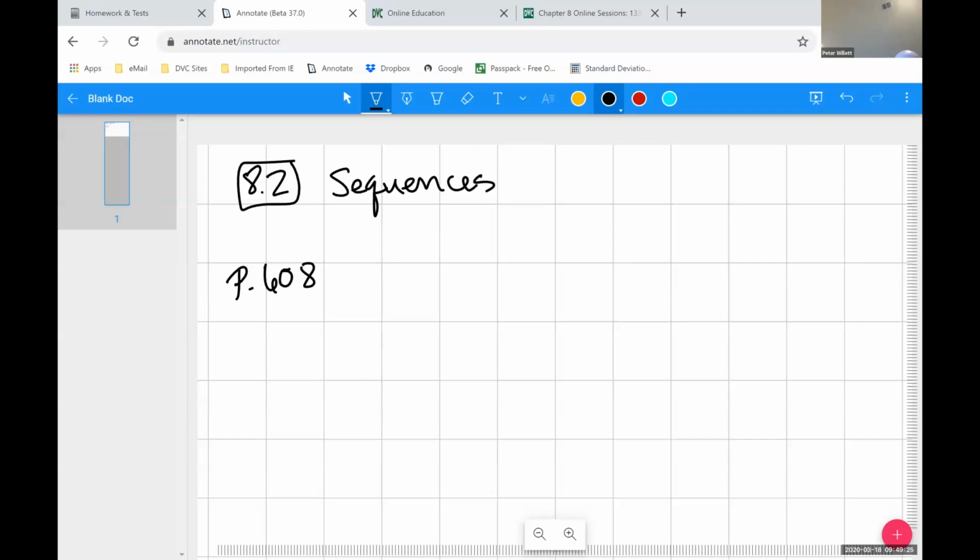So these are definitions. And in particular, this is terminology for sequences.